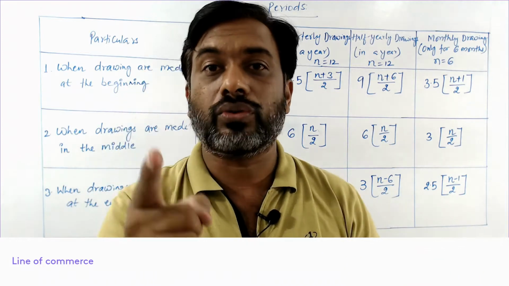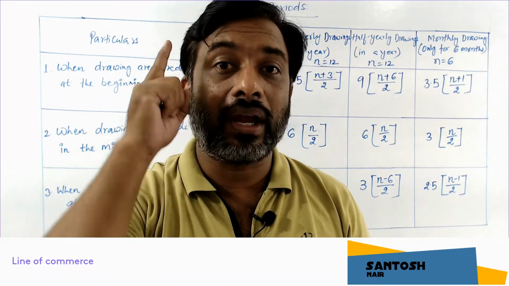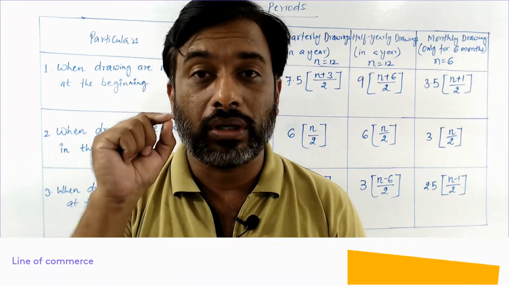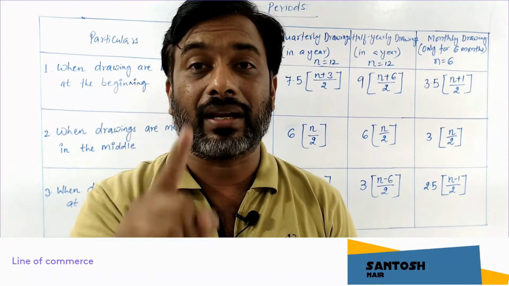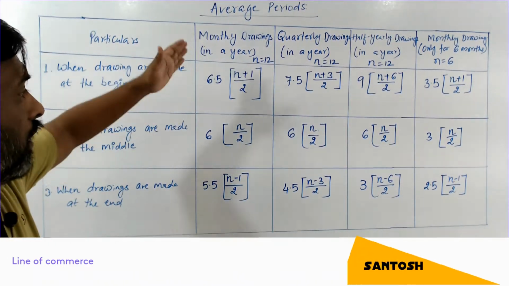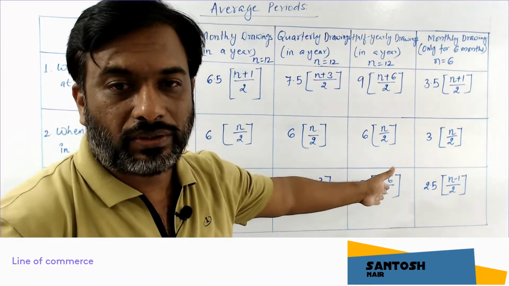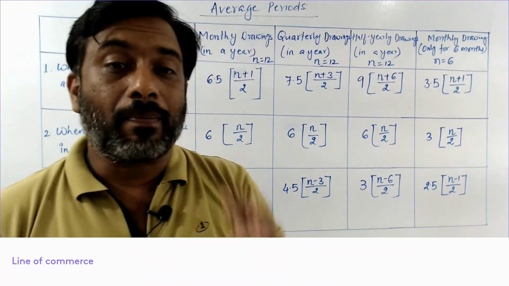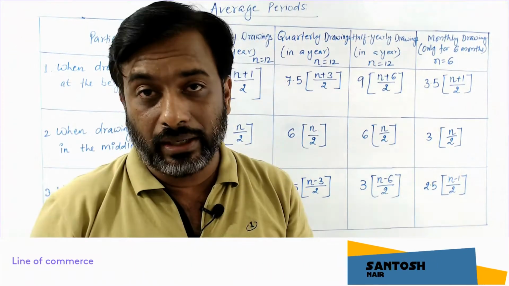Then you can use this trick and verify whether the average time period you are taking in the solution is correct or not. Let's see the trick. So first, 3 situations where the drawings are made for the entire year.